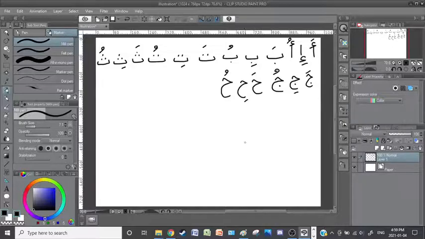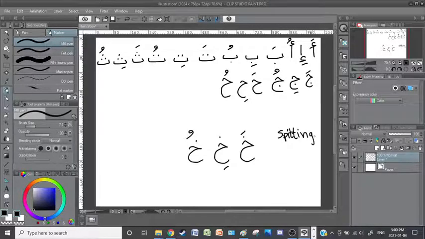Next letter is Kha. Kha with a fatha, Kha with a kasra, Kha with a dhamma, and remember this is the spitting sound that we are aiming for. Kha with a fatha is Kha, and this is probably how they translate it, but it is incorrect because people say Ka, not Kha.